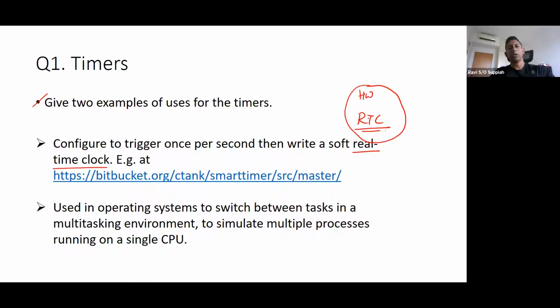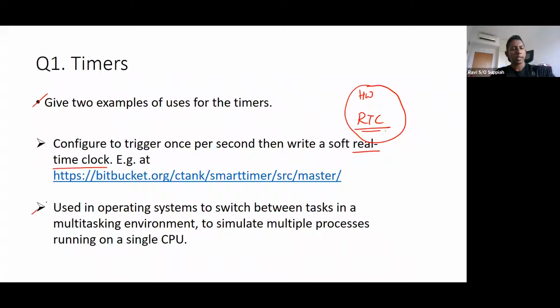Even though the processor may have an RTC running, you can implement a separate RTC powered by a battery that is not your main battery powering the rest of the system. You may have a smaller coin battery somewhere in the system to just power the RTC. Different types of systems may implement this real-time clock feature either in software or in hardware. So this is one example where you can use timers to give you periodic interrupts.